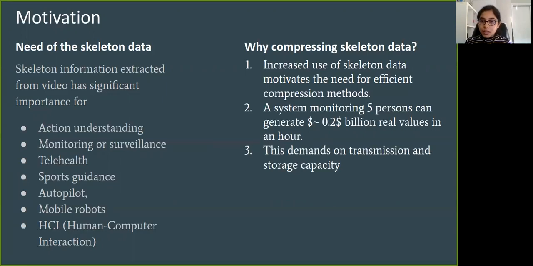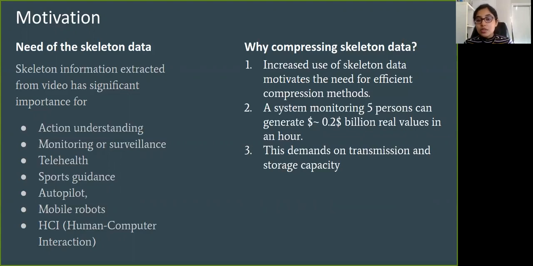But then what is the need of compressing the skeleton data? The increased use of the skeleton data motivates the need of efficient compression methods. A system monitoring 5% generate around 0.2 billion real values in an hour.